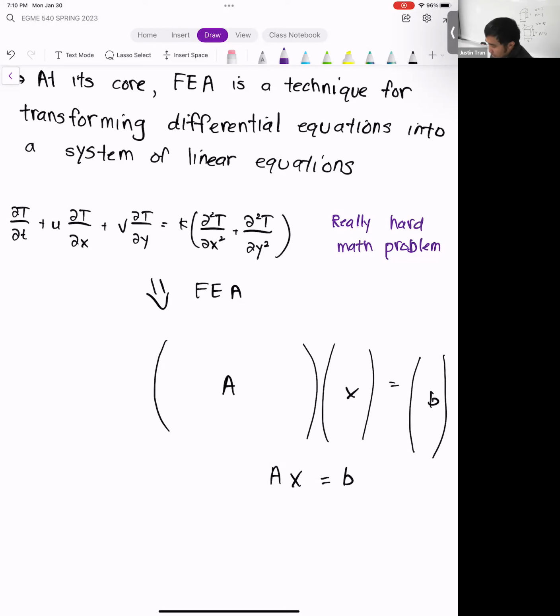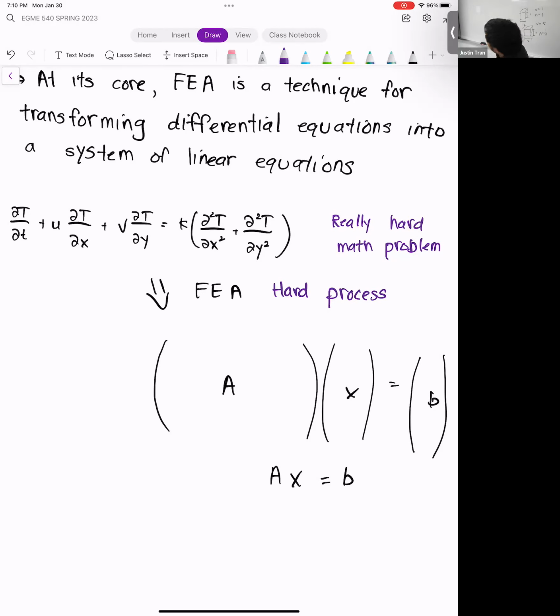Okay. And so the person that developed FEA was like, okay, we have this really hard math problem. If we go through this process of FEA, which is by no means an easy process, FEA is still a pretty difficult process. We end up with a system of linear equations.